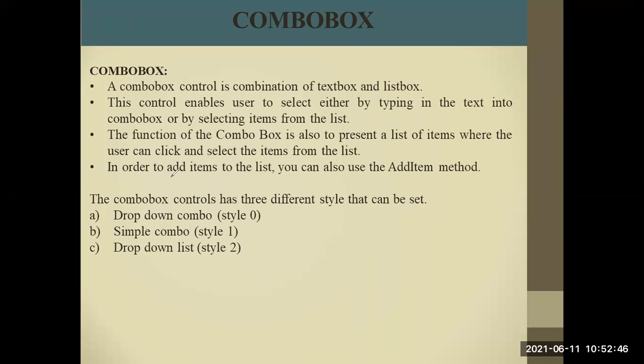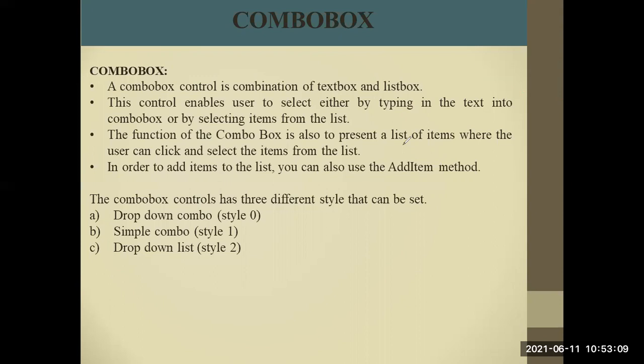Then what is the function of the combo box? The function of the combo box is to present the list of items where the user can click and select an item from the list.